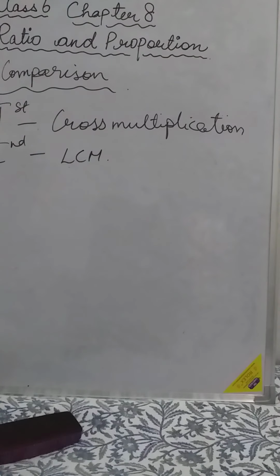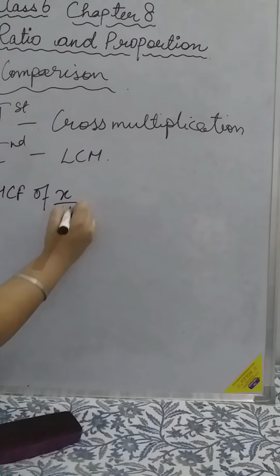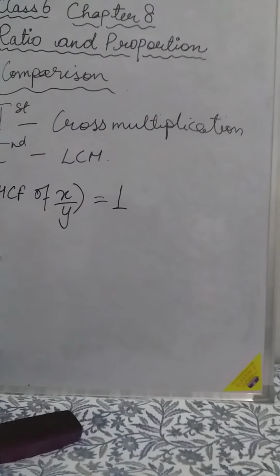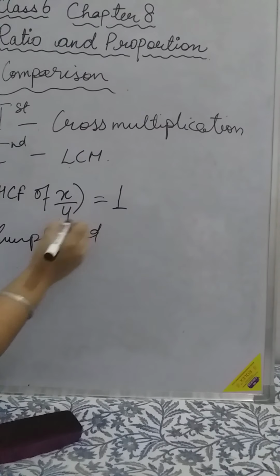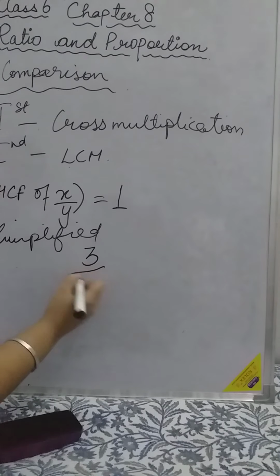Next, simplification of fractions. We have studied in the chapter on fractions that if the HCF of both the numbers x and y is equal to 1, then it is already simplified. For example, 3/4.